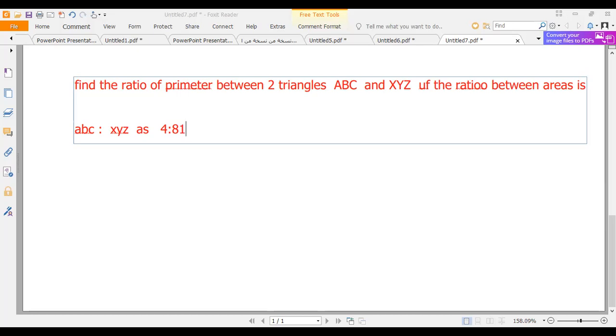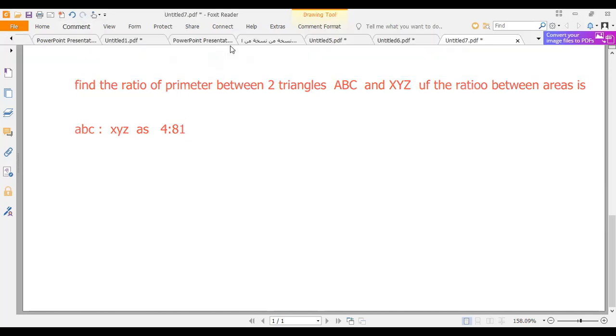Now, how do you solve the question? Go ahead, Maryam, this is your question. I got 2 to the ratio of 9. Yes, exactly. So now he gave you the ratio between their areas, okay?